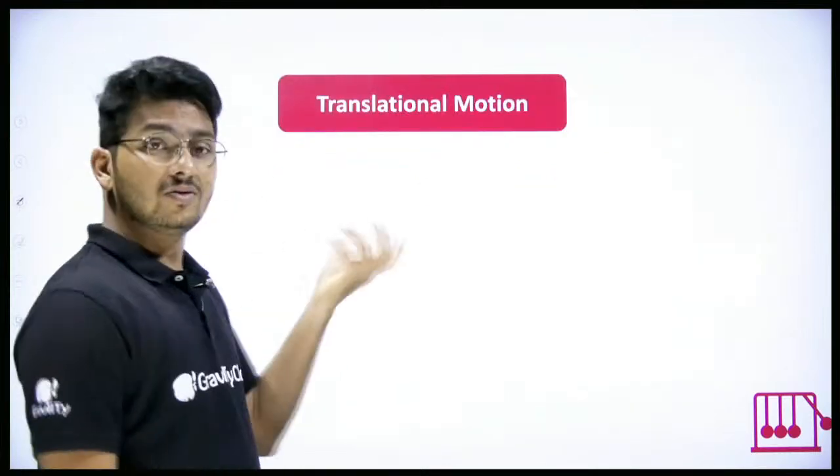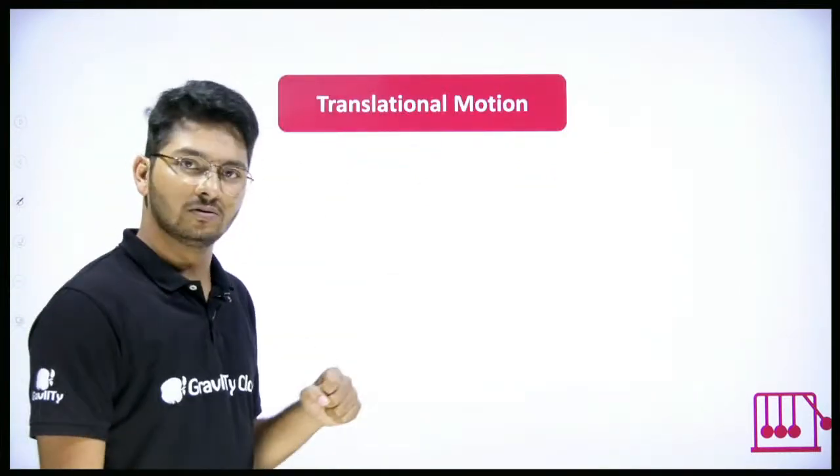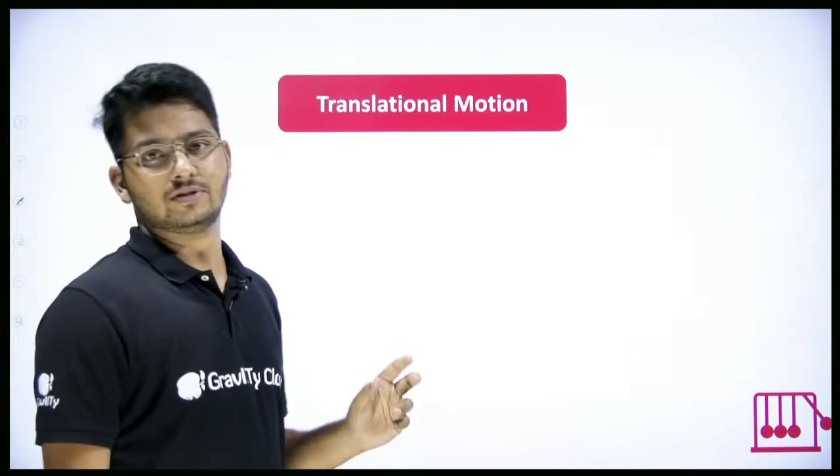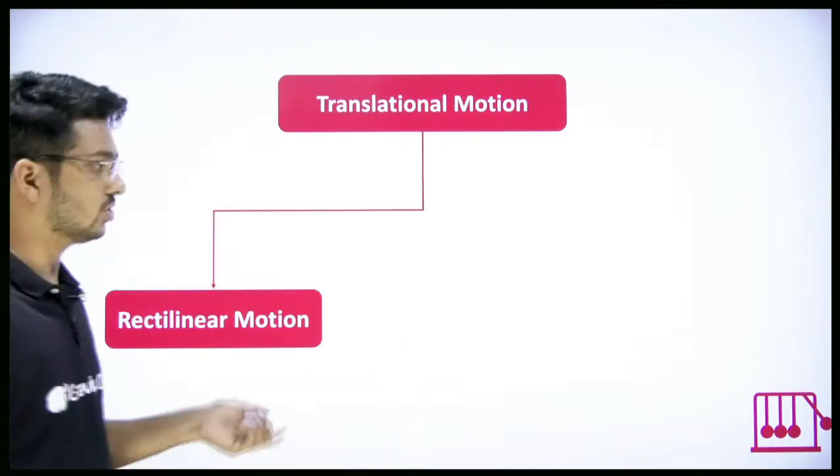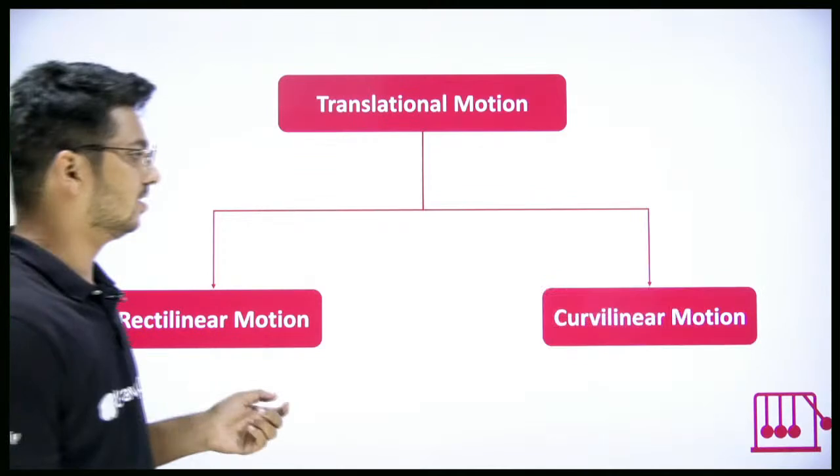Now this translational motion also has two types. One is called rectilinear motion. The other is curvilinear. Linear normally means line.